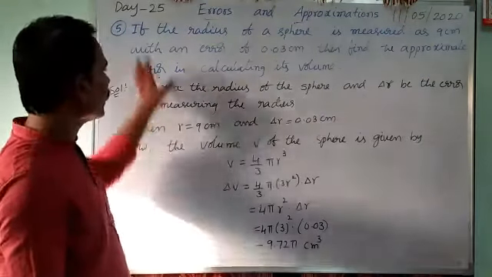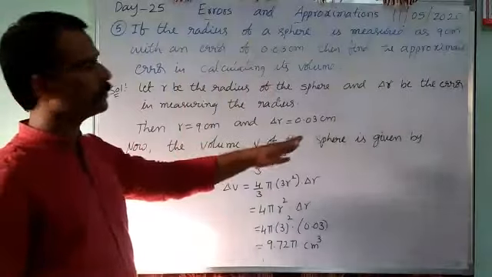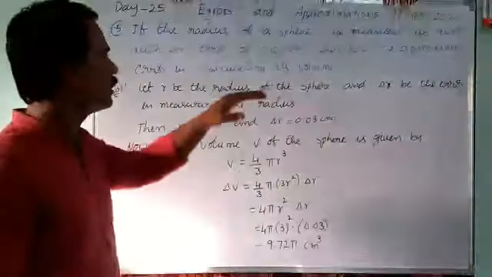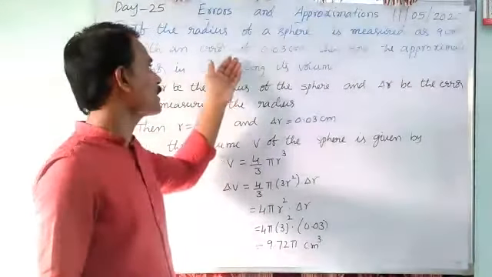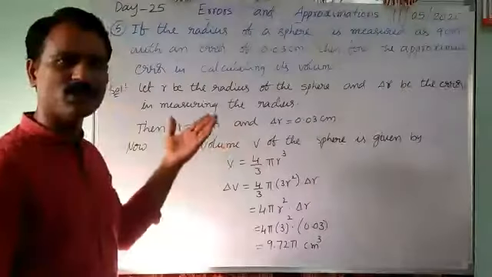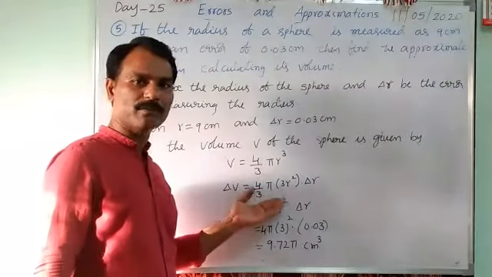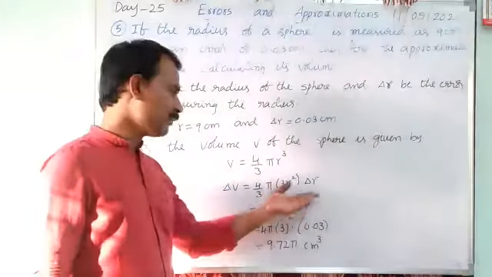Student, simply in this question he mentioned the r value and the delta r value. The radius of the sphere is 9 centimeters means r is given, and the error in the radius is delta r equal to 0.03. To find the volume error, first take the volume formula of a sphere. Take delta v is equal to f dash of r into delta r.